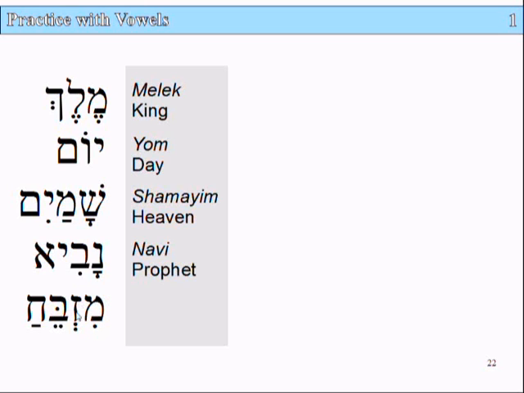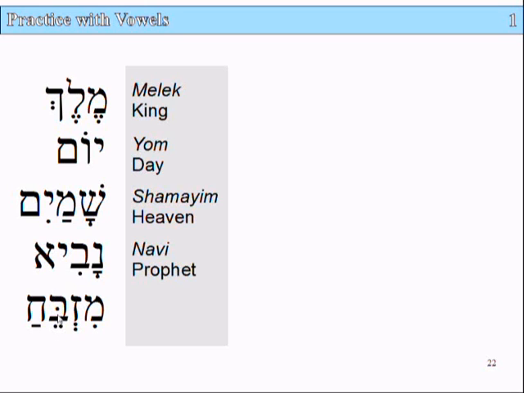And the zayin has a z sound, so this is miz. The two dots here are saying this is the end of the syllable. So this is miz.